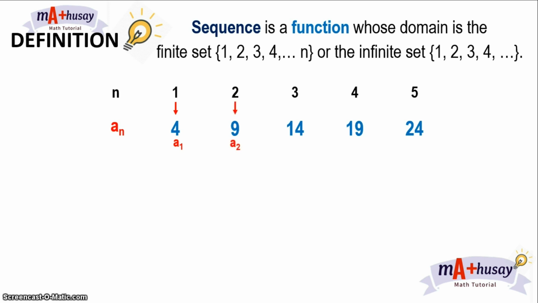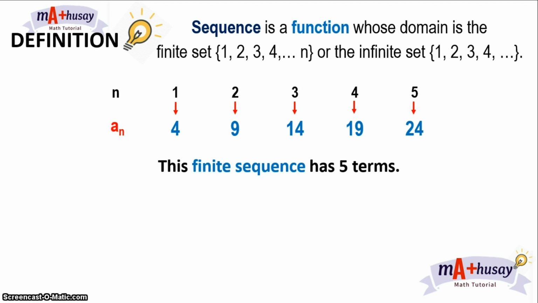If n is 2, the function gives 9, the second term. If n is 3, you get 14 as the third term. When n is 4, you get 19 as the fourth term. And lastly, if n is 5, you get 24 as your fifth term. As you can see, this is an example of a finite sequence, which has 5 terms in it.